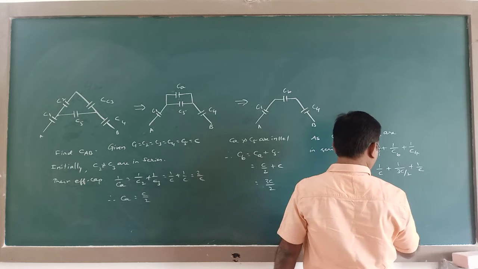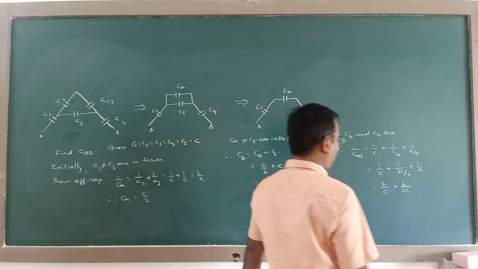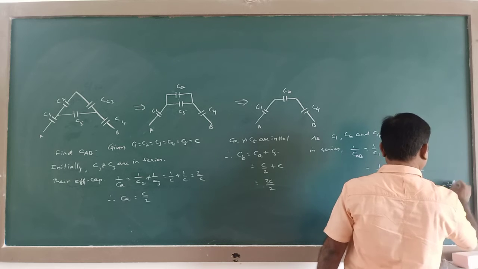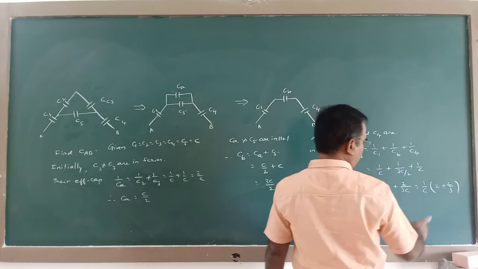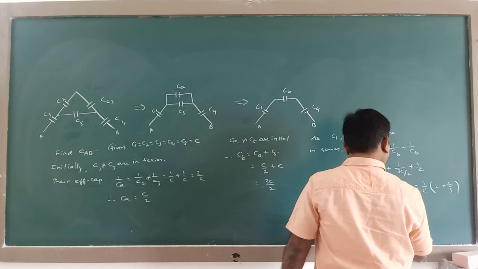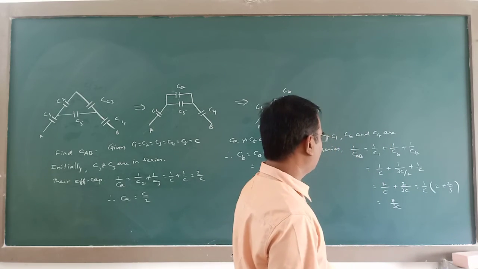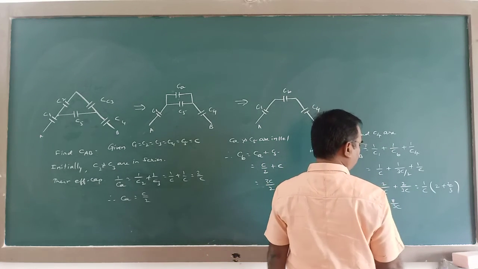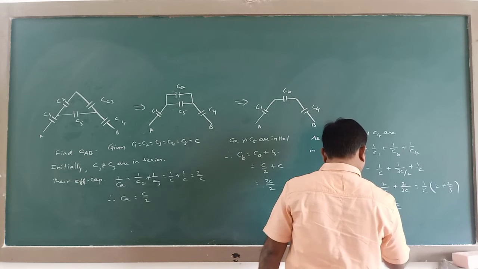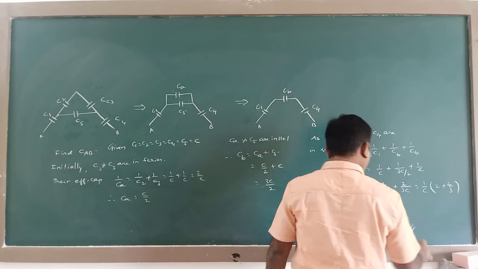So it is 2 by C plus 2 divided by 3C. So if I take this 1 by C common, it is 2 plus 2 by 3. 2 plus 2 by 3 means it becomes 8 by 3. So it is 8 divided by 3C. This is 1 by CAB. Therefore, CAB is equal to 3C divided by 8.